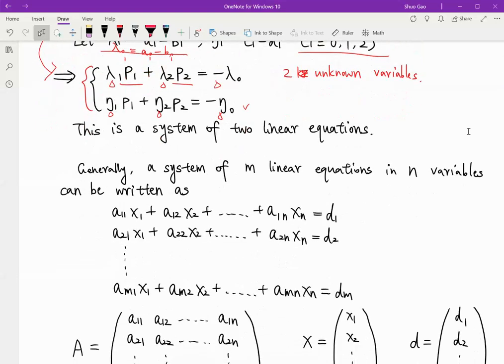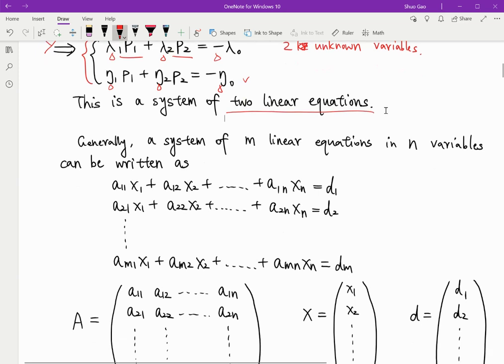And this is just the 2 linear equations in this example. But generally, what if we have a lot of commodities, and so we have so many linear equations, right? So generally, a system of m linear equations in n variables can be written as this.